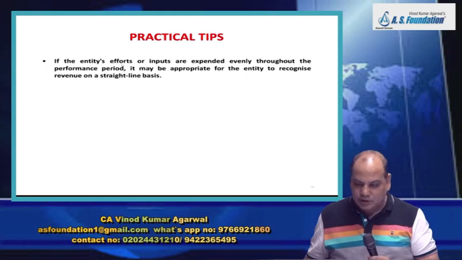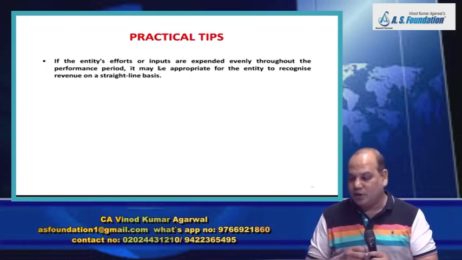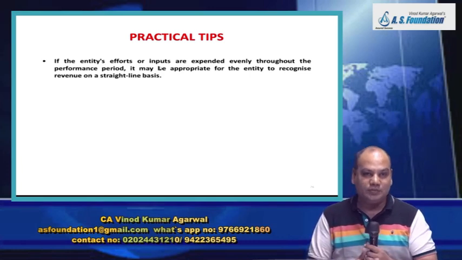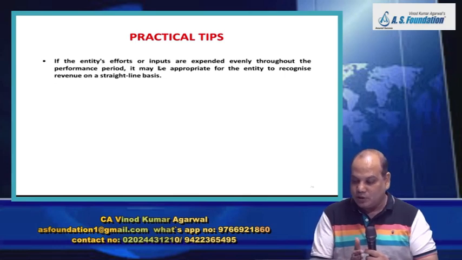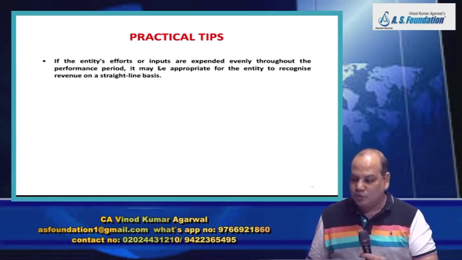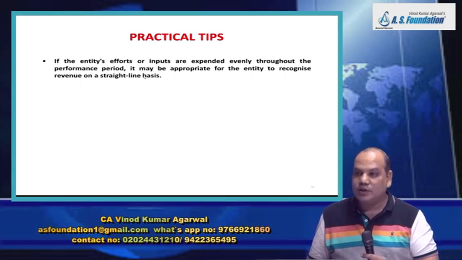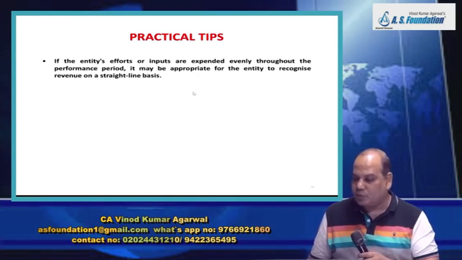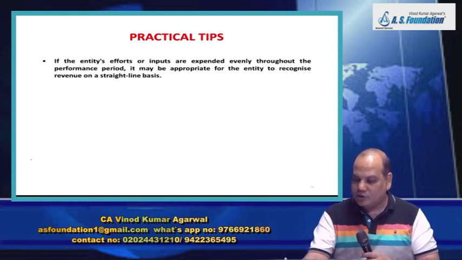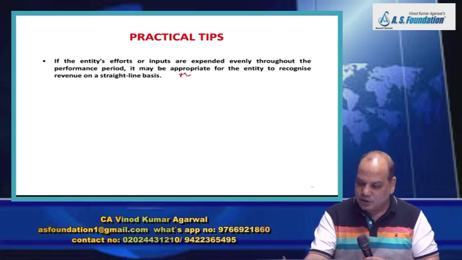Then the standard says if the entity's efforts or inputs are expended evenly throughout the performance period, say 3 years is the performance period and the work is spread evenly over the 3-year period, only in such cases one can apply the straight line method. It may be appropriate for the entity to recognize revenue on a straight line basis, like the example of that maintenance service which I have given.